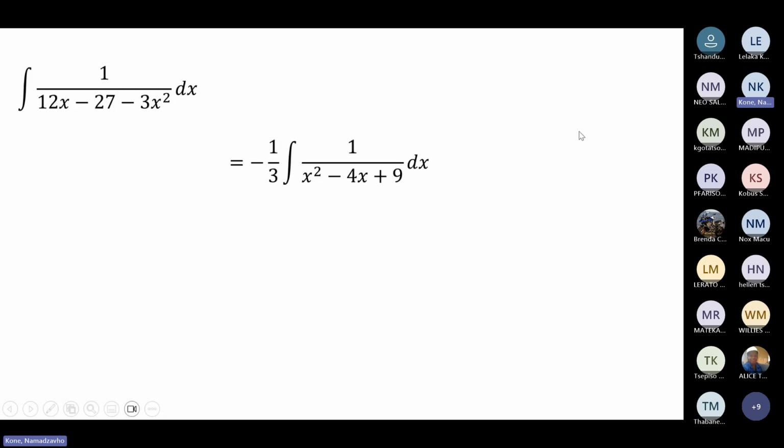Right. The first step, we have got a situation here that we have got the value of C, which is the constant, which is negative. So if we can isolate C now as it is, it will be minus 27. And our leading coefficient, which is power 2, will still be negative.